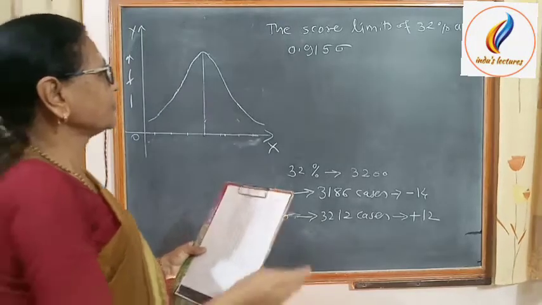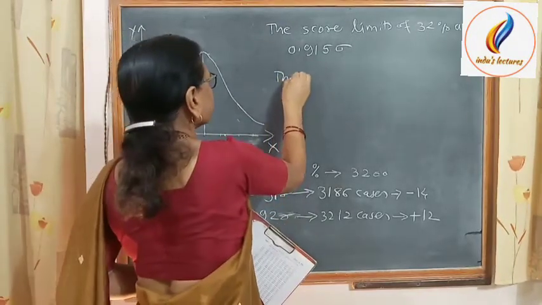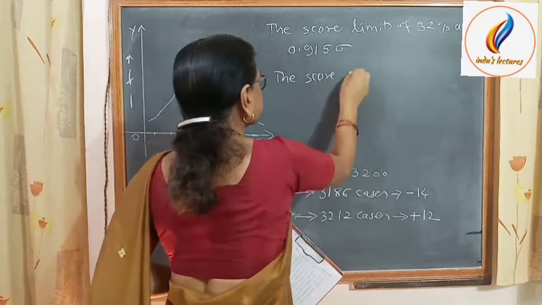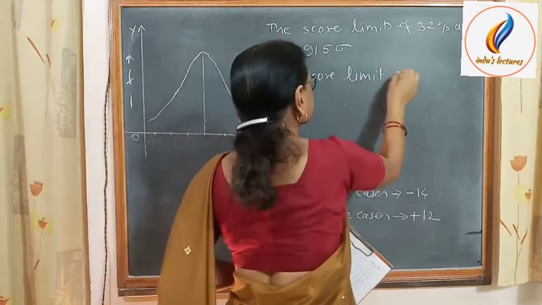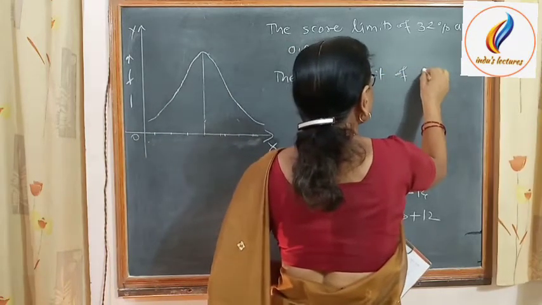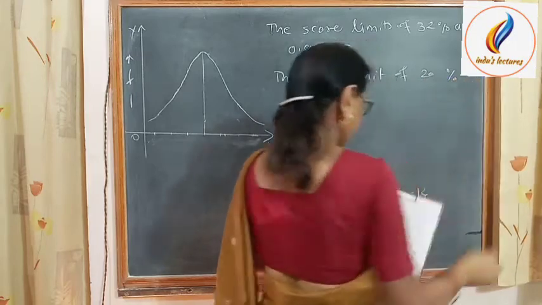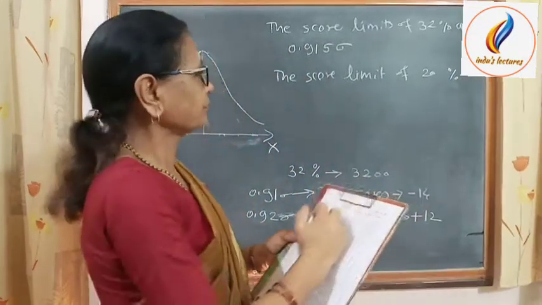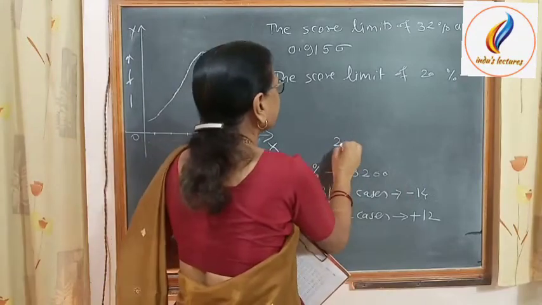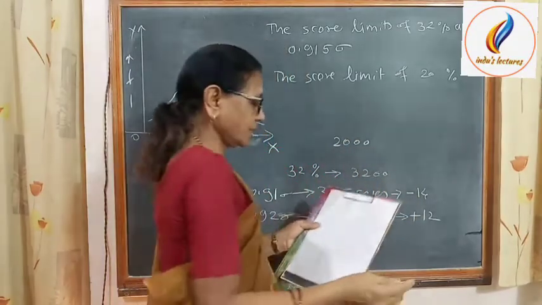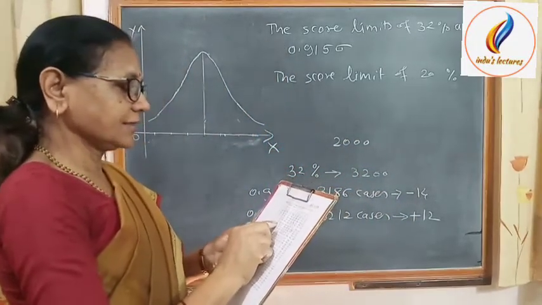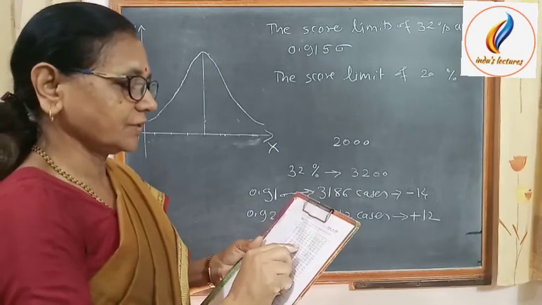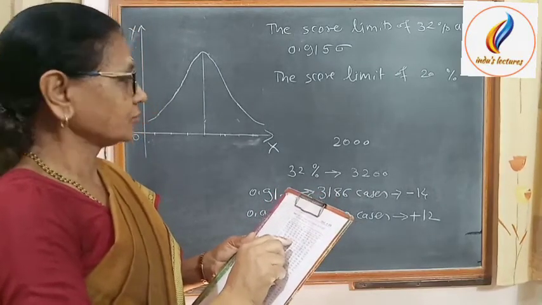In this way, we cannot find the exact figure in terms of percentage, so we adjust it. Now again, if we find the score limit of, say, 20%, find the figure 2000 in the table. We cannot find exactly the figure 2000.